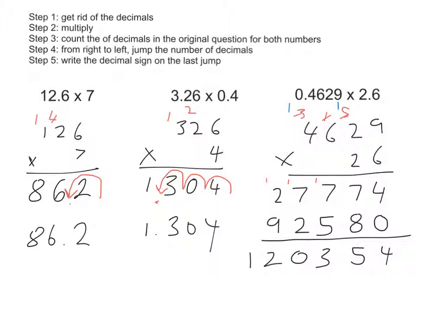Okay, so we finally got there. So this is our number when we multiply these two numbers. This is our final answer. So we've done step 2.